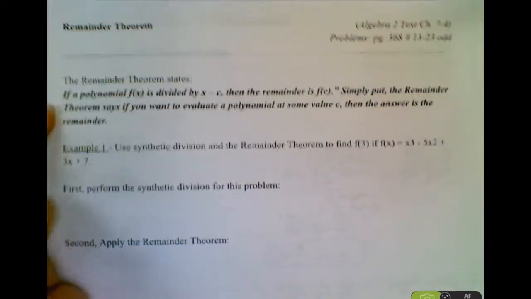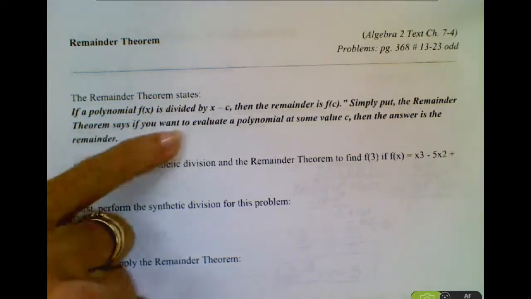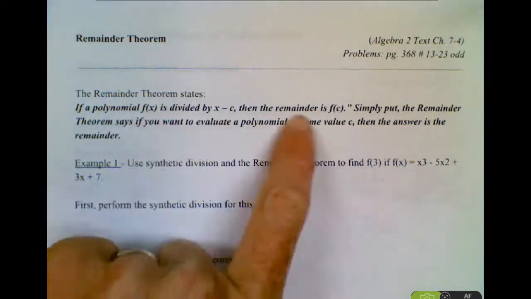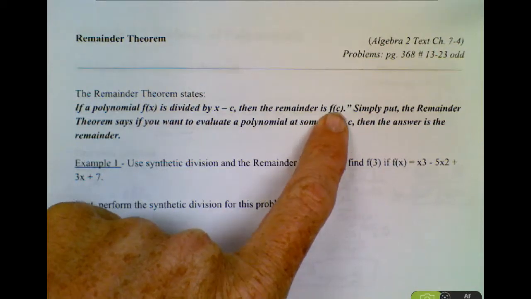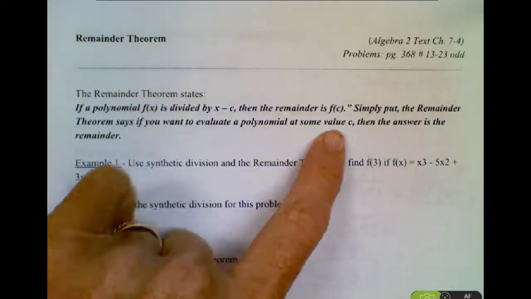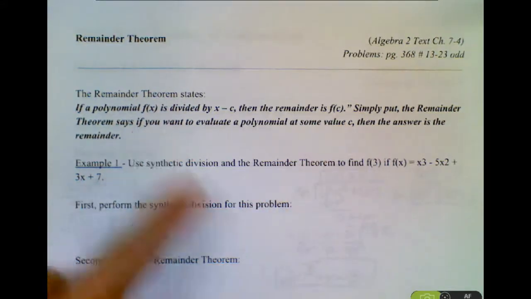So the remainder theorem states that if a polynomial is divided by some divisor, say x minus 5 or x plus 2, then the remainder is a function of that divisor. Simply put, if you want to evaluate a polynomial at some value, you plug in any value, then the answer is the remainder.